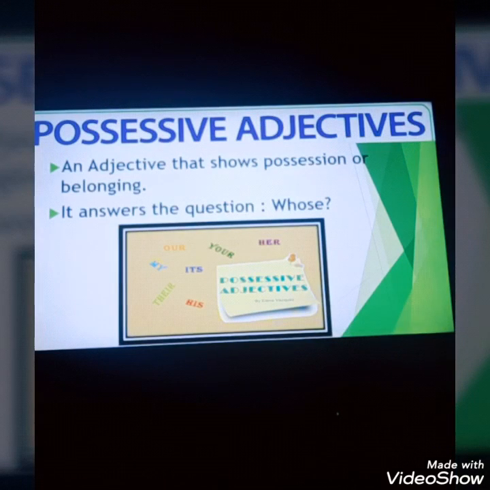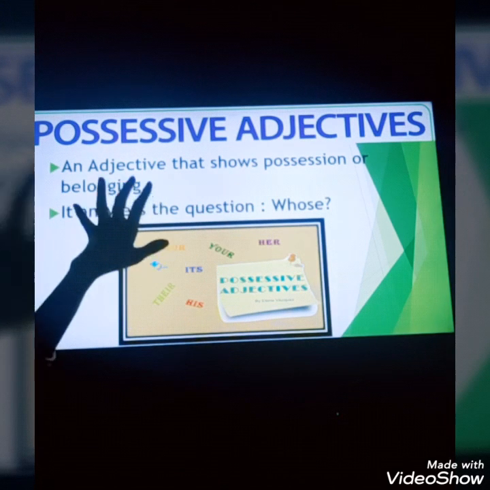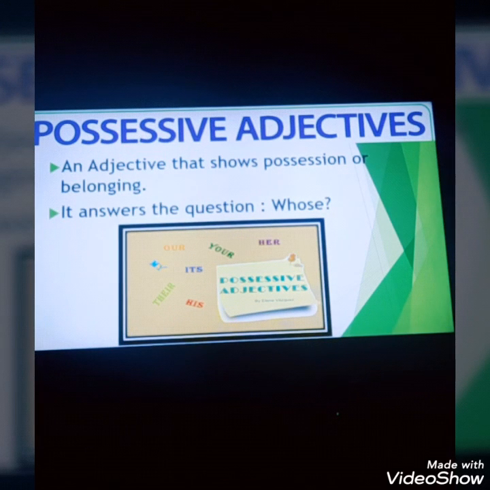Let us learn about the next adjective. The last one, the possessive adjective. Adjectives that show belongings or possession are called possessive adjectives.